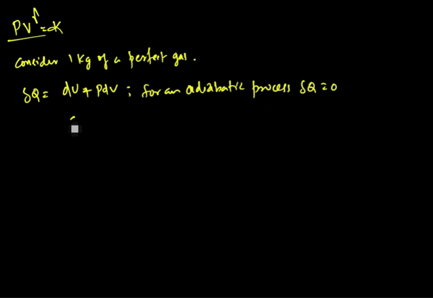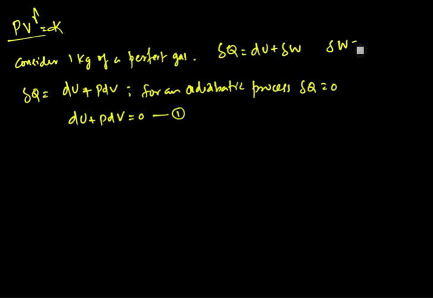Then this equation becomes dU plus P dV is equal to 0. Let it be equation number 1. It is actually from del q is equal to dU plus del w, where we have taken this del w as P dV.